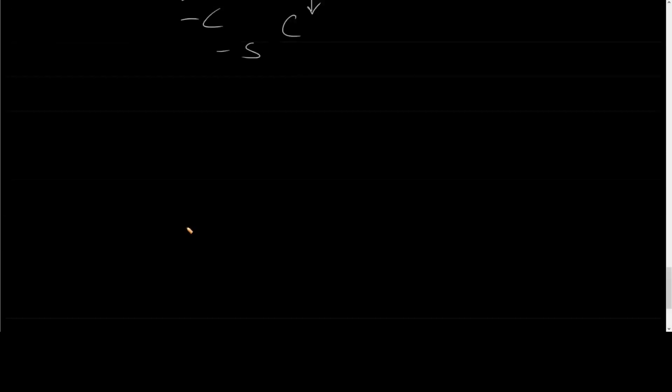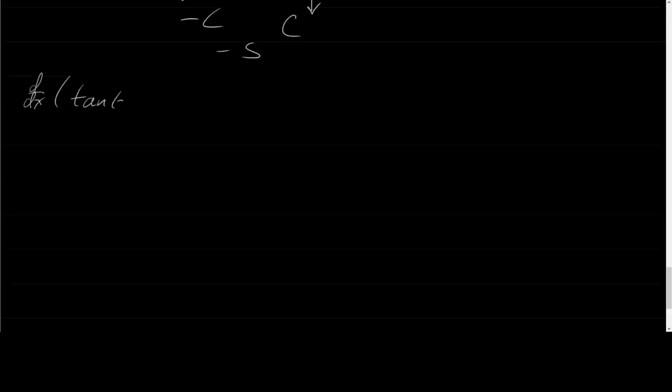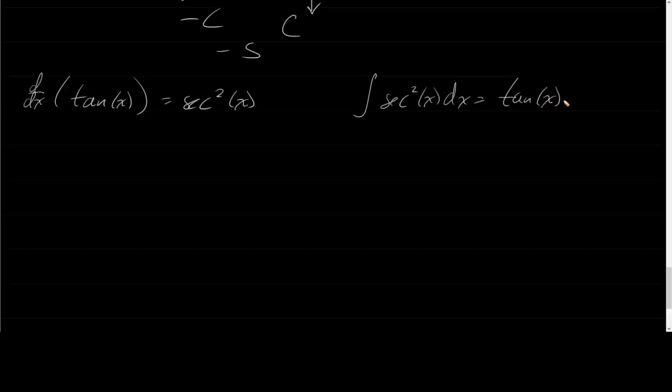All right, so we did sine and cosine, so now let's look at the derivative of tangent. We know that the derivative of tangent is secant squared. Well, that tells me the antiderivative of secant squared is tangent plus c.